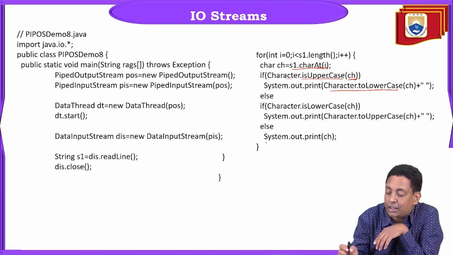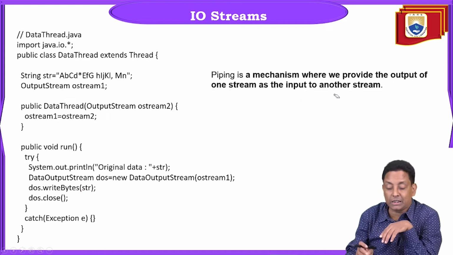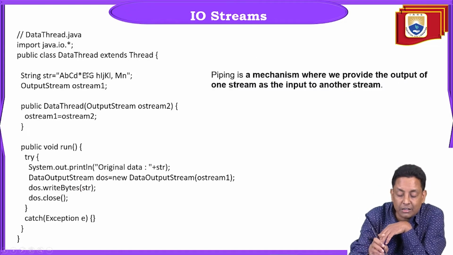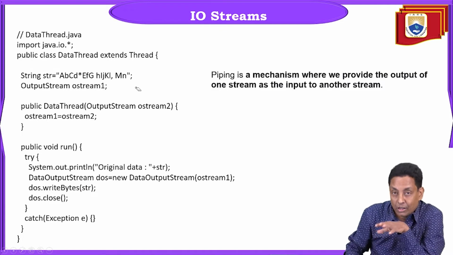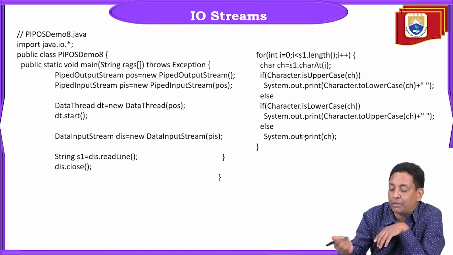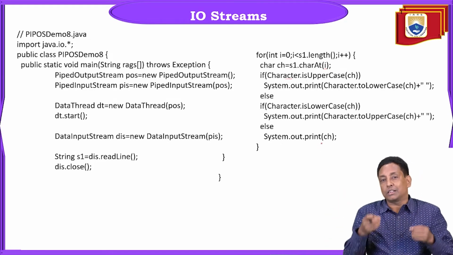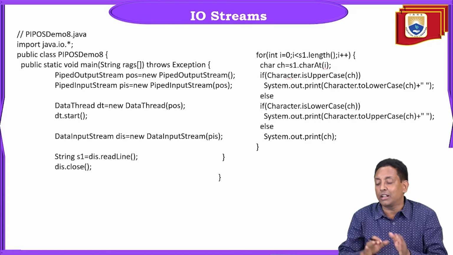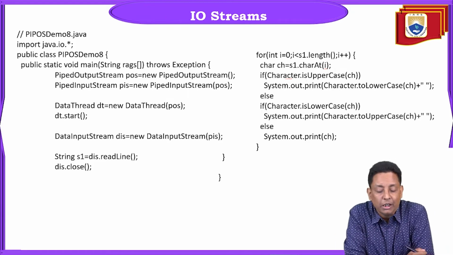If it is neither uppercase nor lowercase, and it is a special character, like asterisk, space, comma, these are all special characters, which are not lowercase or uppercase alphabets. So if the characters are any of the remaining characters, just print the character as it is. Asterisk, space, slash or anything else will be directly printed.